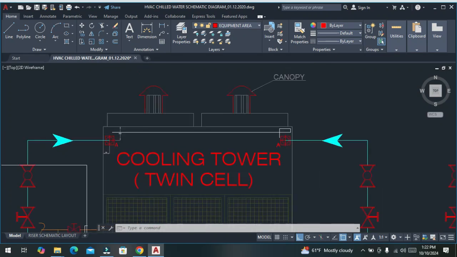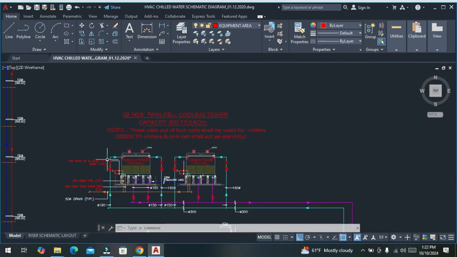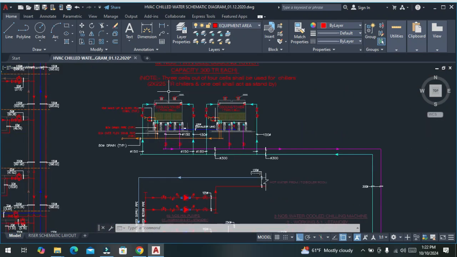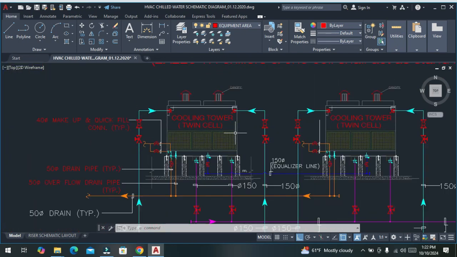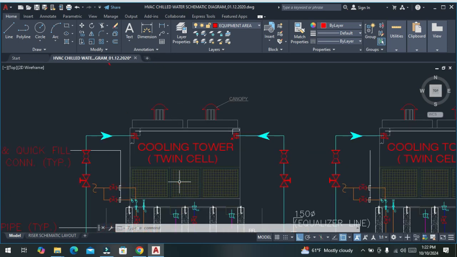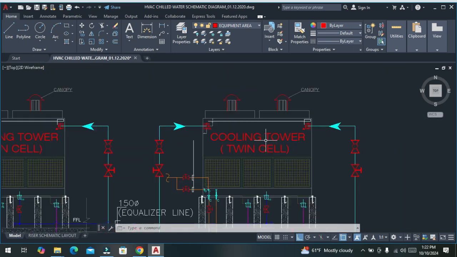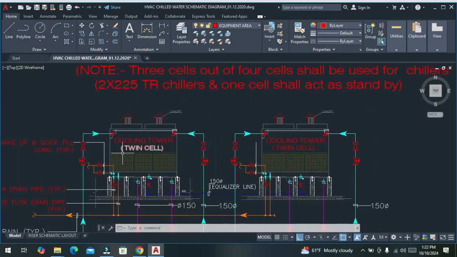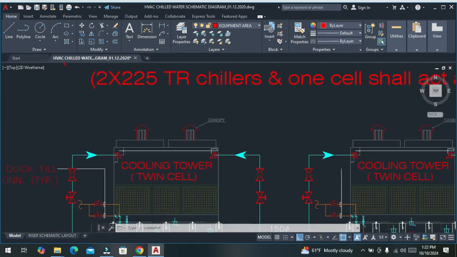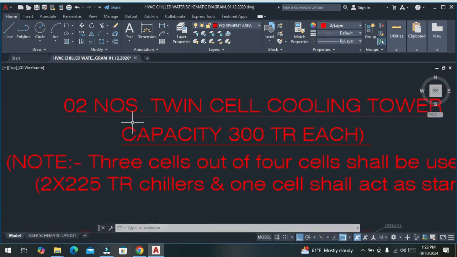Okay, so here, these are two twin cell cooling towers. In one cooling tower there are two sections. So if you count, there will be 4 cells but 2 cooling towers, 2 cells in each cooling tower.